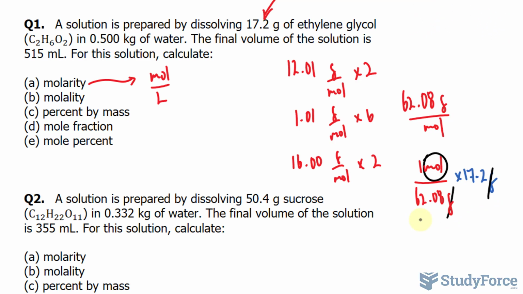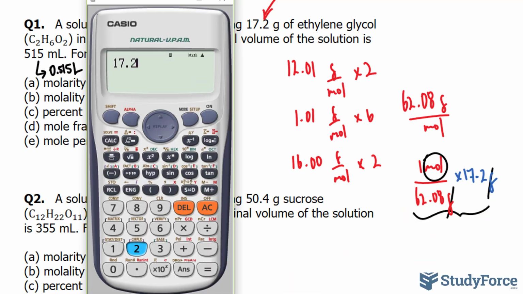Since we want moles per liter, we will then divide this by 515 milliliters converted to liters. And we can easily convert this into liters by dividing it by 1,000, giving us 0.515 liters. So let's go ahead and find the answer to this first. We have 17.2 divided by 62.08. You should end up with this number.